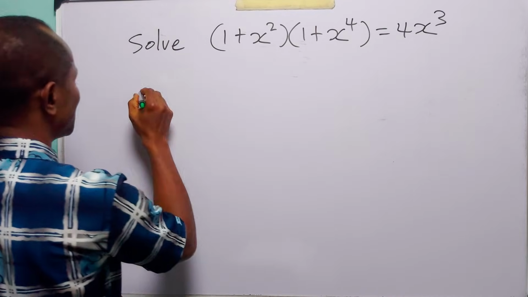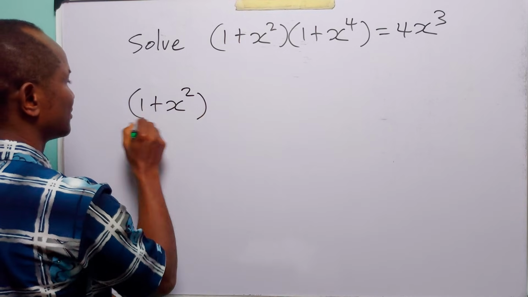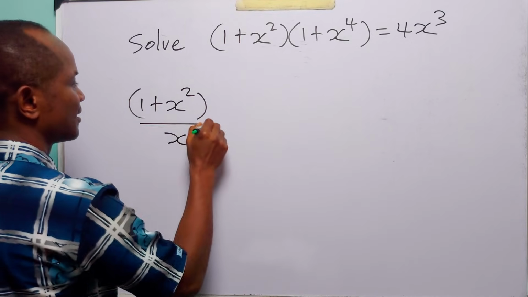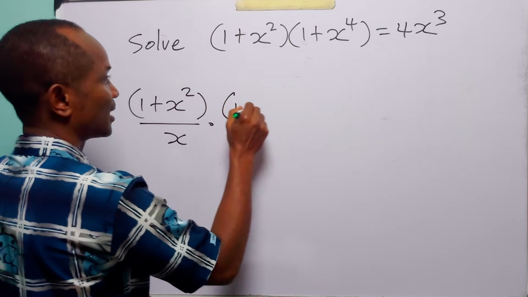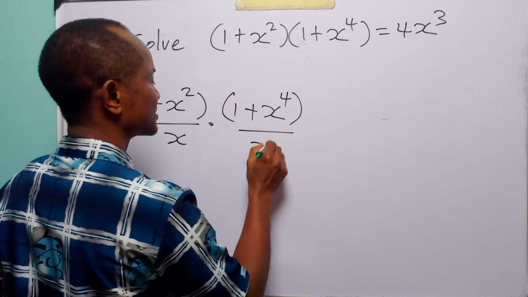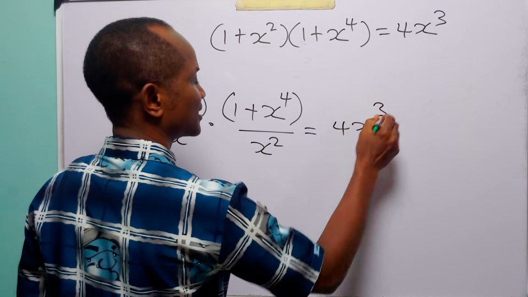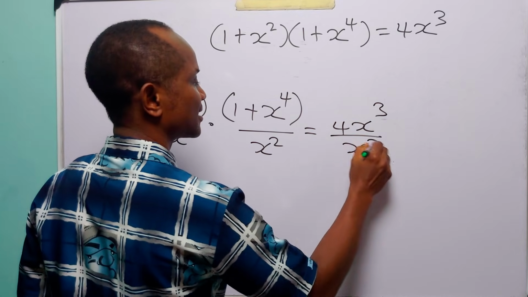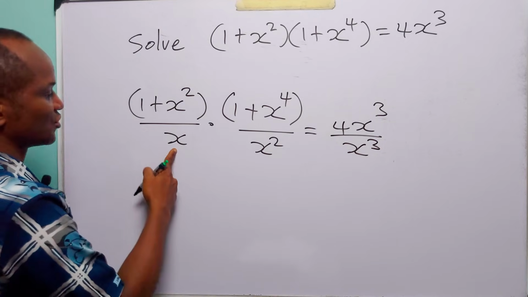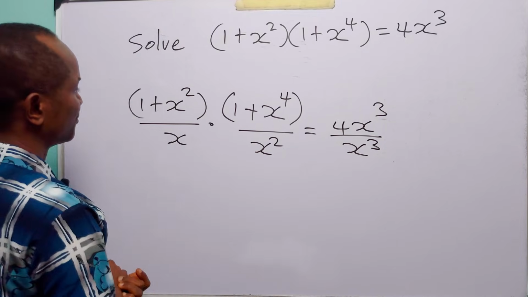So when we divide, we have (1 plus x squared) over x multiplied by (1 plus x to the power 4) over x squared is equal to 4x cubed over x cubed. Of course, you know that x times x squared is going to give us x cubed.